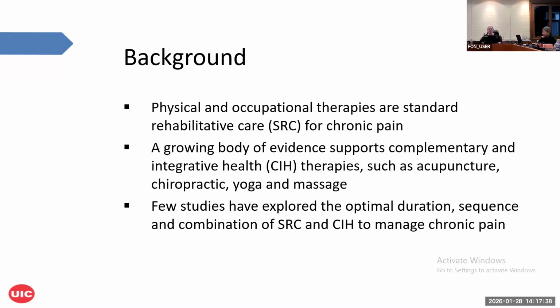A growing body of evidence supports complementary and integrative health therapies such as acupuncture, chiropractic, yoga, and massage. However, very few studies have explored what is the optimal duration, sequence, and combination of these two therapies to manage chronic pain. So you can see that this question is very, very clinically relevant.